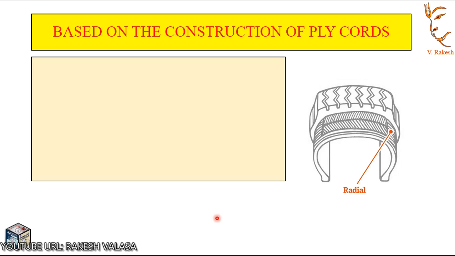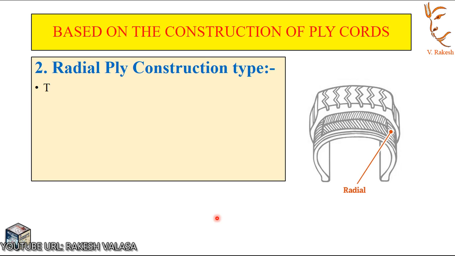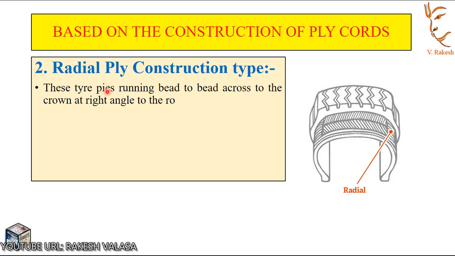Next one is radial ply construction type. This tire plies running bead to bead across to the crown at right angle to the rotation. You can see this figure.